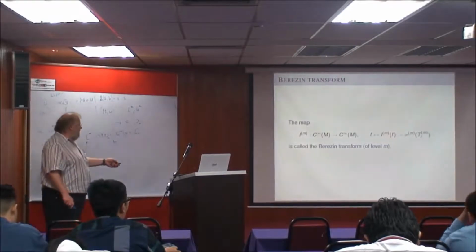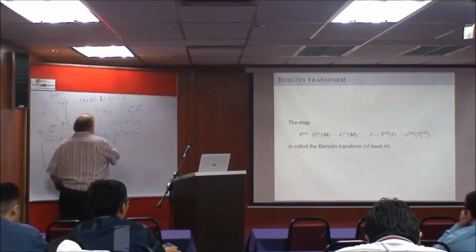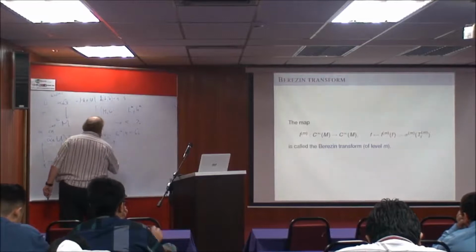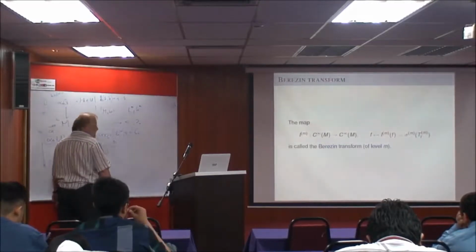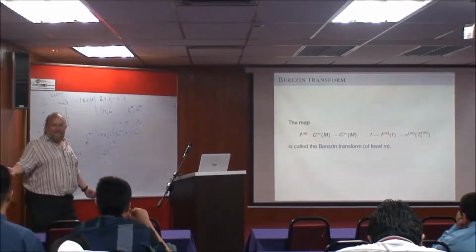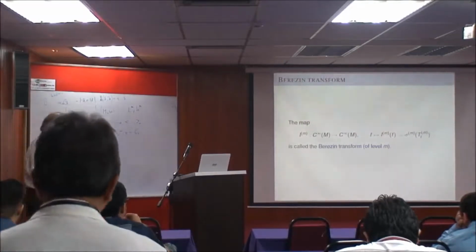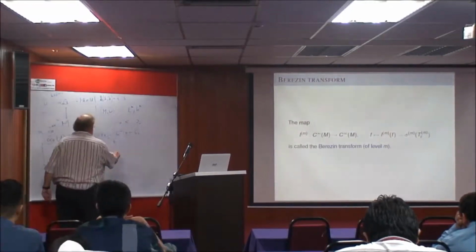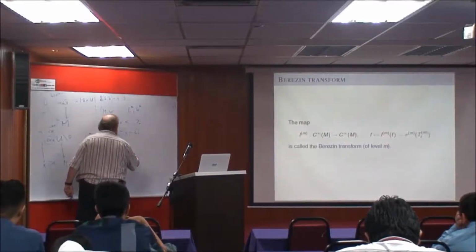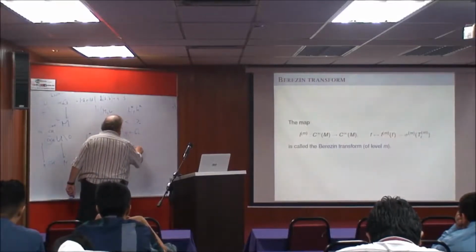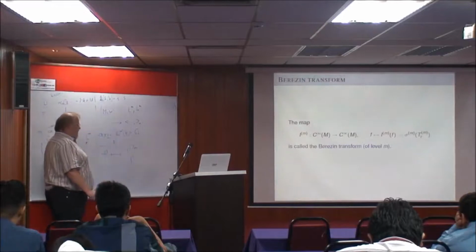The point is, it is totally simple in some sense. So we start with F. F is a function on M. And next we construct our Toeplitz operator of level m.